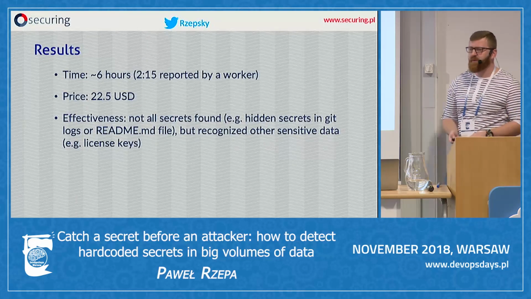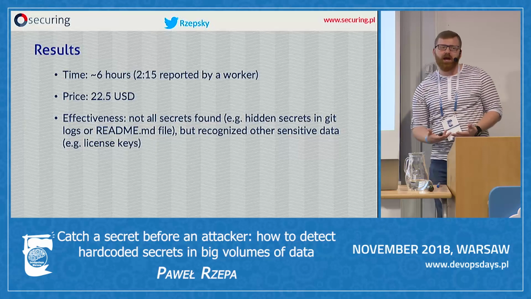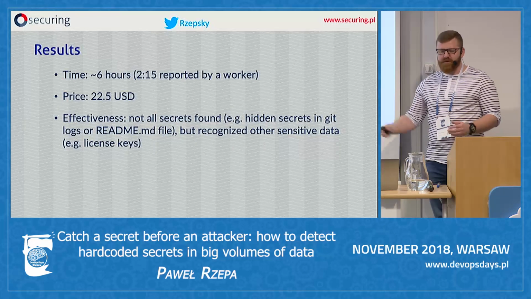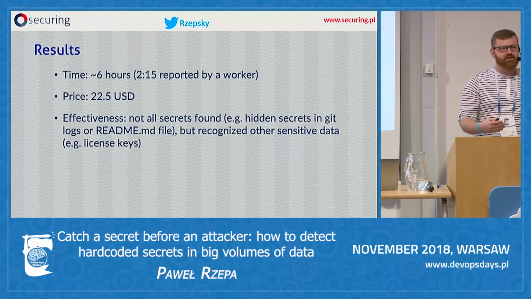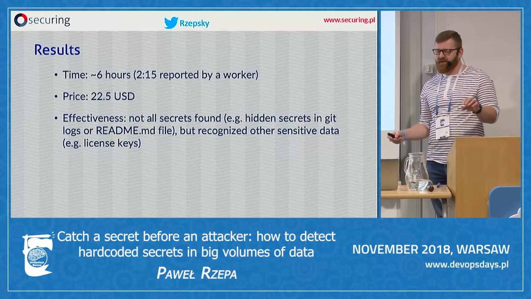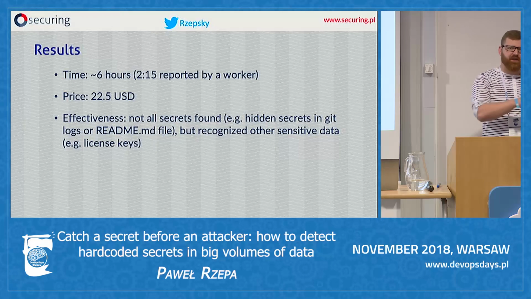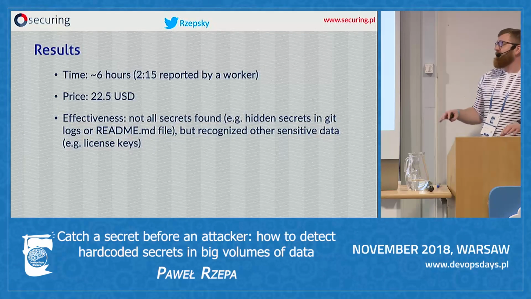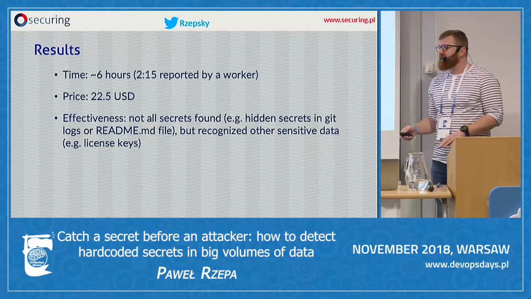Effectiveness, it is pretty poor. People are actually poor in finding secrets, because the worker wants to finish the task as soon as possible. So if the secret was hidden, then he wasn't able to find it.